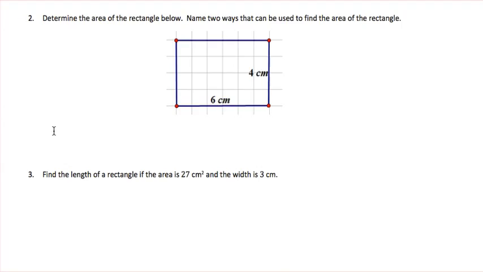And either way, we would get 24 square centimeters.